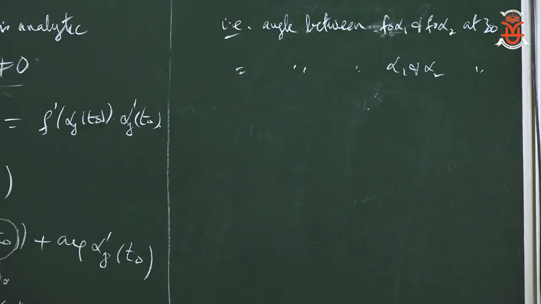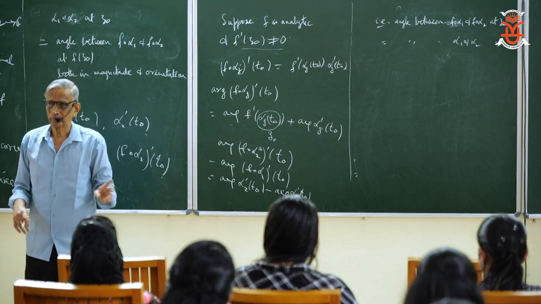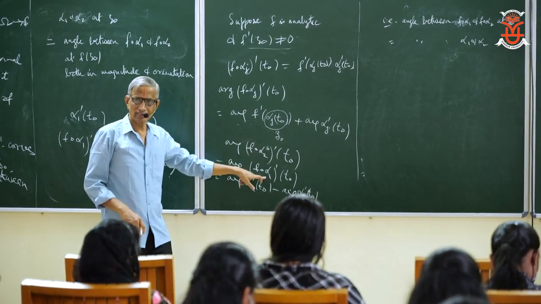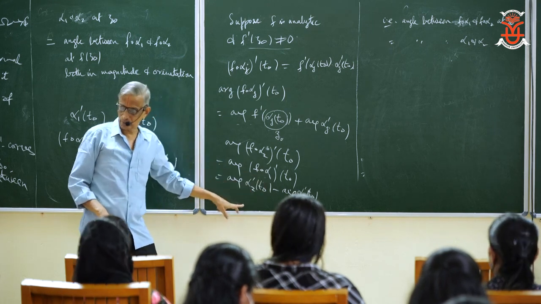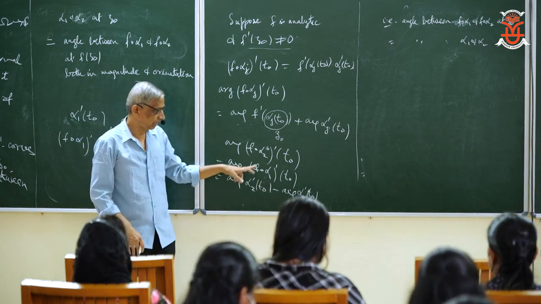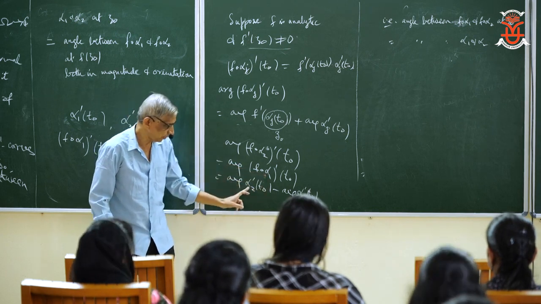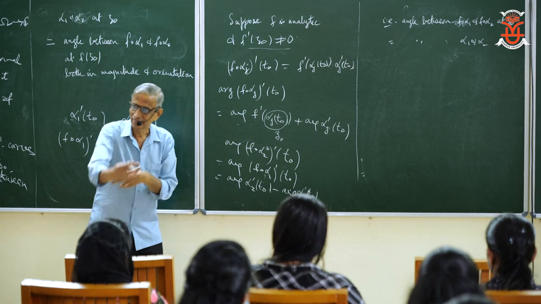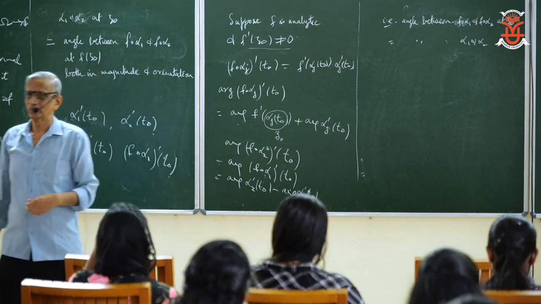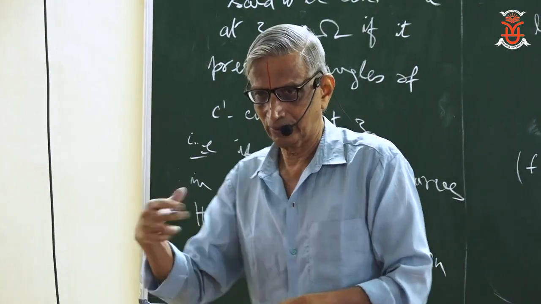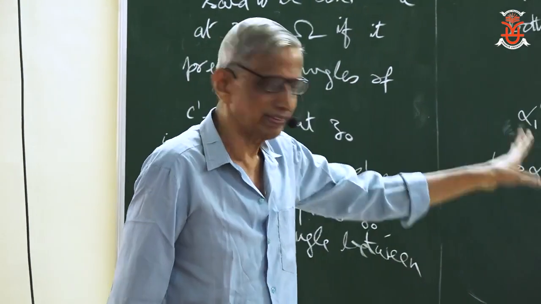What is the meaning of saying that orientation is reversed? In this, if you take 2 minus 1 here, if you get 1 minus 2, right? If you take alpha 2, alpha 1, if you get that it is alpha 1 minus alpha 2, then the orientation is reversed. One you go like this, the other the other way. But now everything is fine.